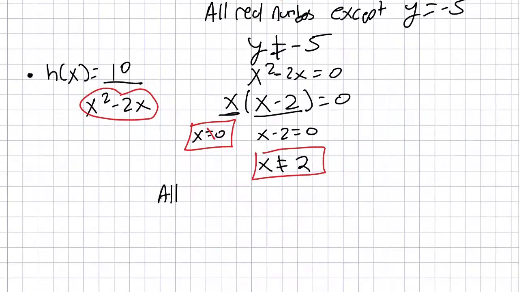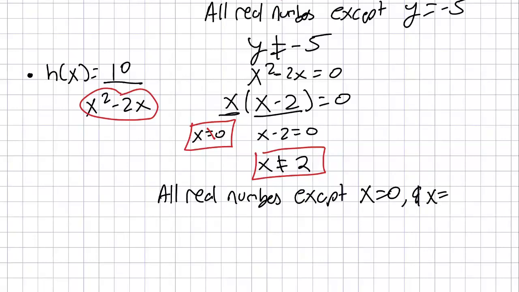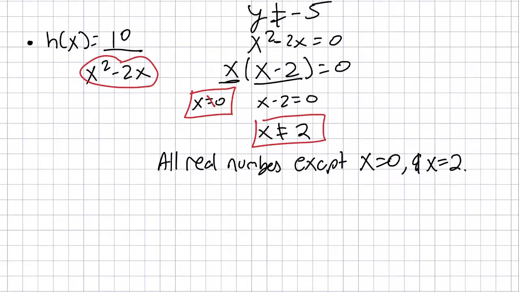So all real numbers except x equals 0 and x equals 2. In this case, you have to use the zero product property.